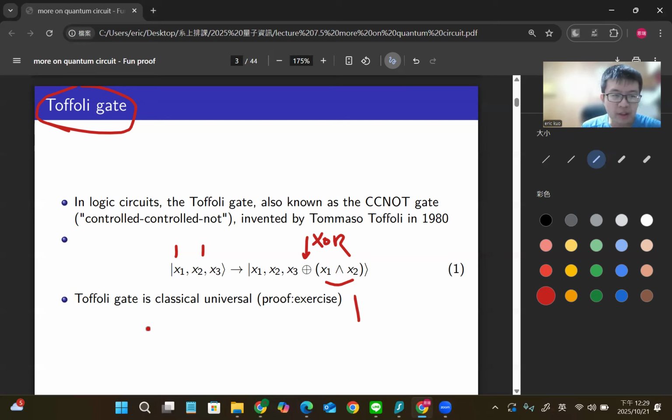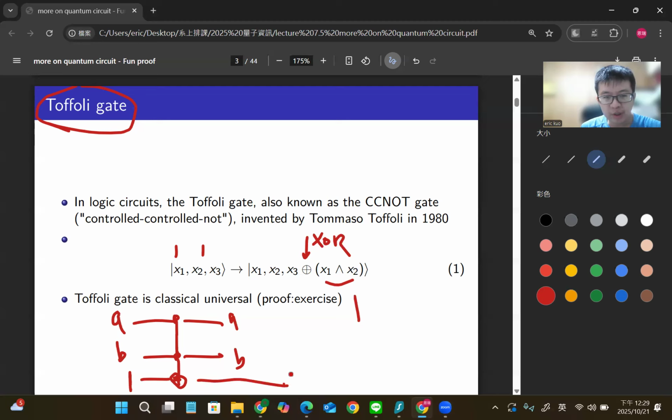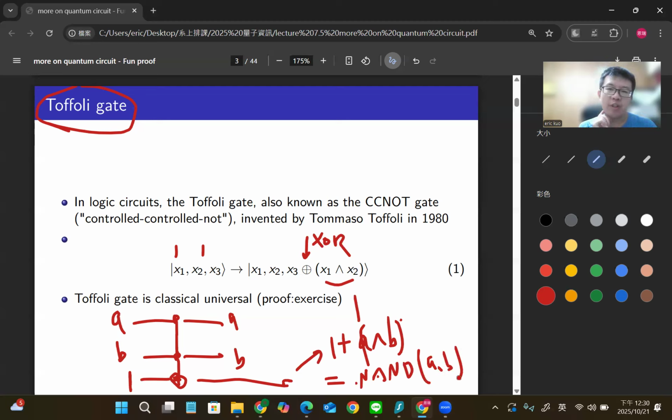Okay, and as I mentioned in class, the Toffoli gate is classically universal. The reason is that if you fix the third bit to be 1 and the first two bits A and B, then the output bit will be 1 plus A and B. So this is the NAND gate of A and B. And we know that the NAND gate is classically universal.